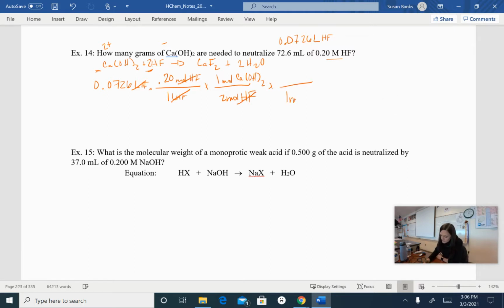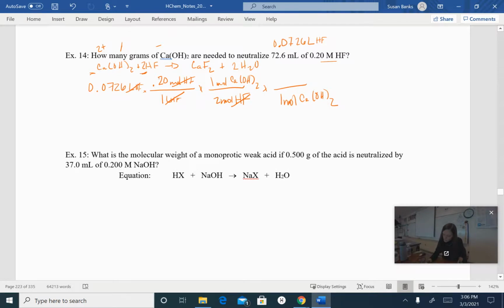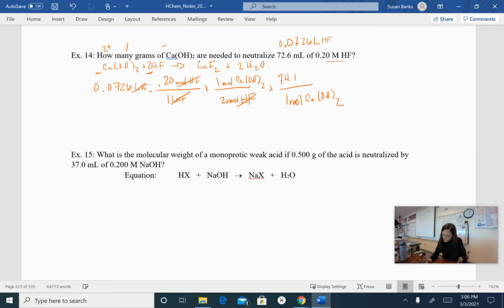And now I just need to go from moles to grams because I want grams. So 1 mole of calcium hydroxide. Let's see, calcium plus 2 oxygens plus 2 hydrogens. That will give me a molar mass of 74.10 grams of calcium hydroxide. So my moles of calcium hydroxide cancel out and I have grams, which is what I want.